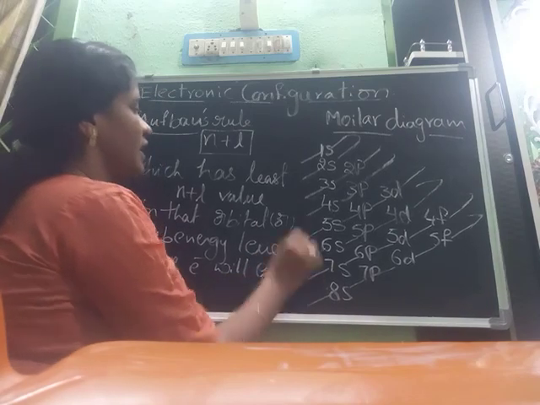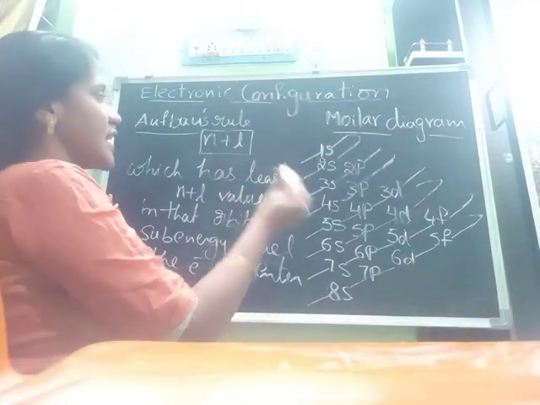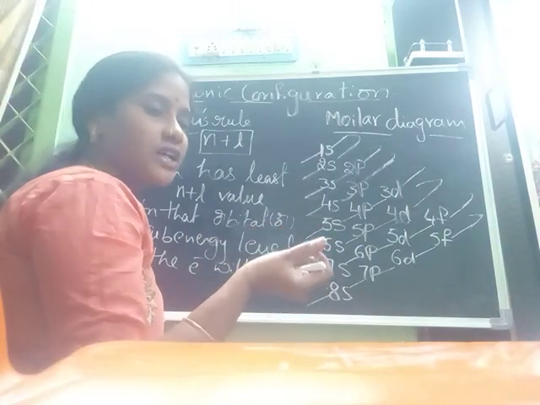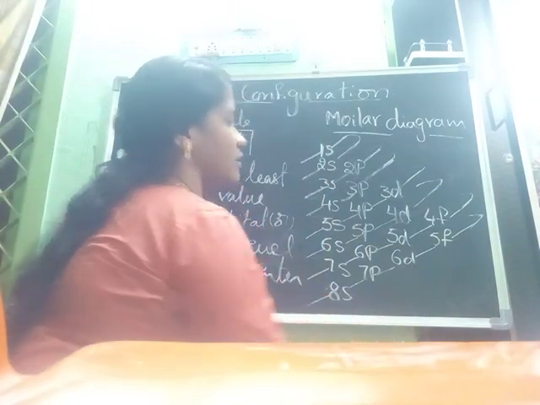In that only electrons will enter. Where we get the least n plus l value, from that side onwards only electrons will go.